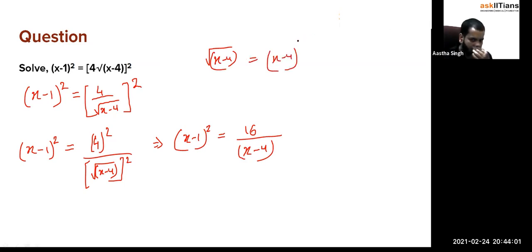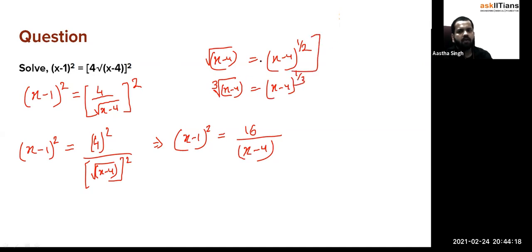Under root means the power will be 1 by 2, and if it is a cube root, then the power will be 1 by 3. So under root means power will be 1 by 2, and we have already squared it.